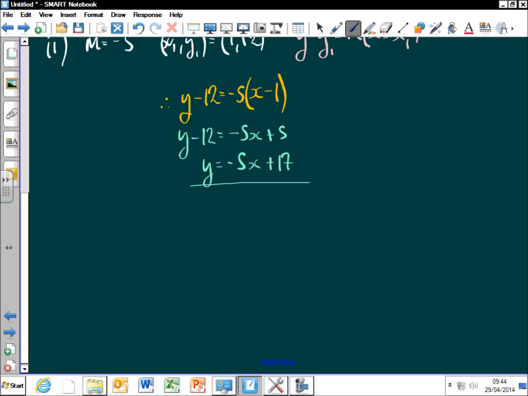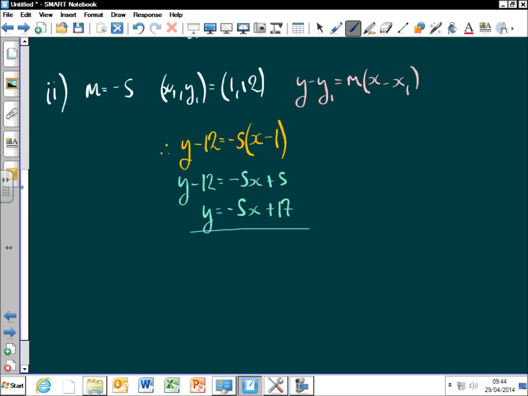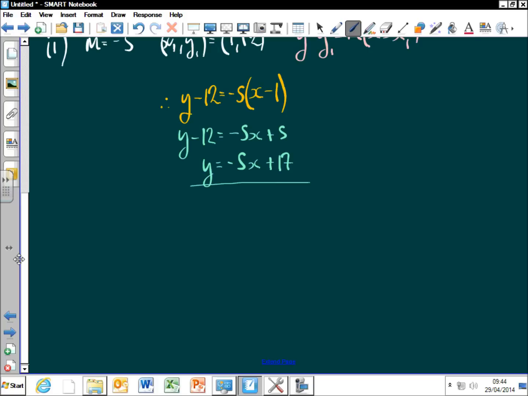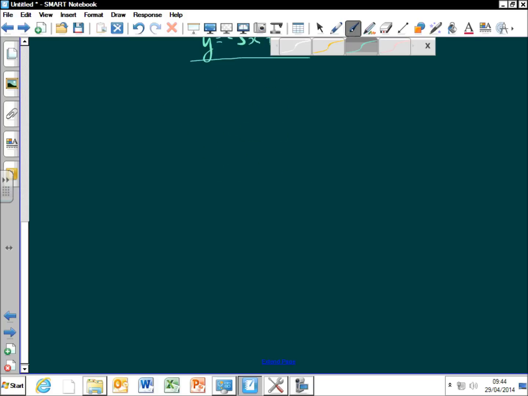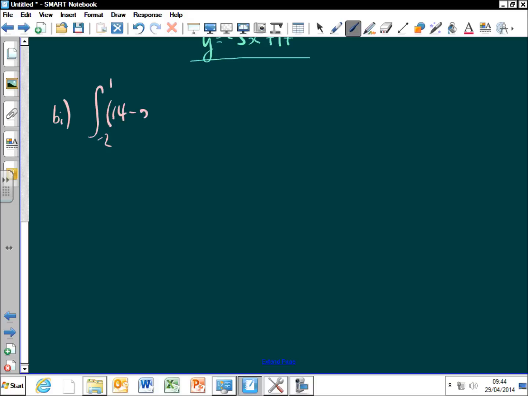Next thing is we've got to do some integration. Let's come down. So part B says find this value between 1 and -2. We want to integrate 14, take x to the power 4 dx.